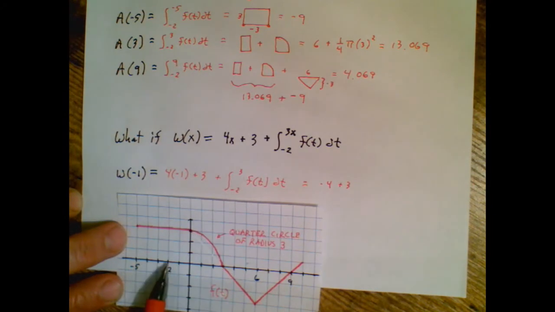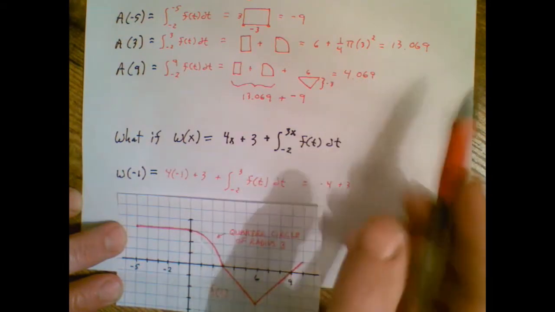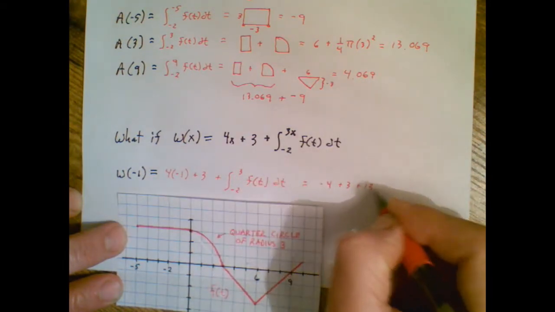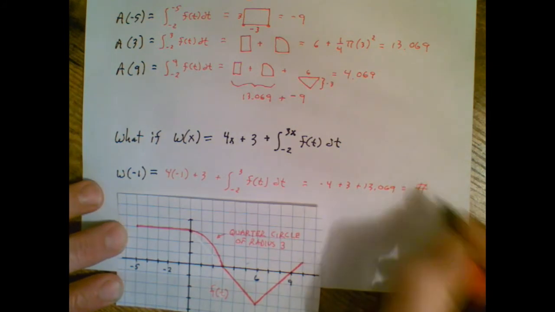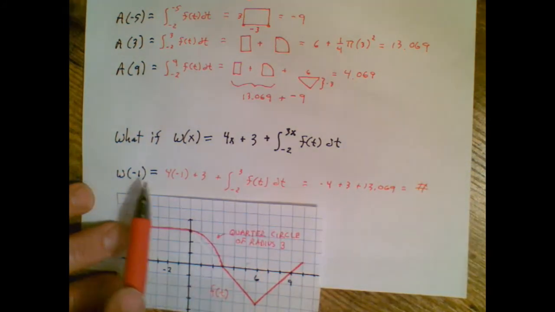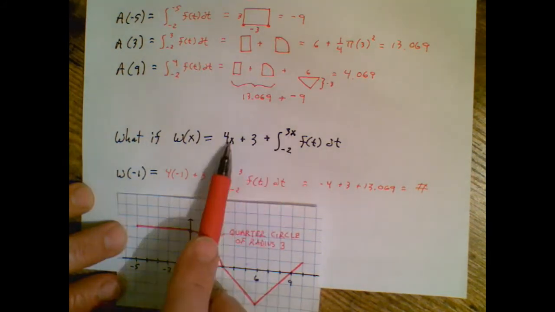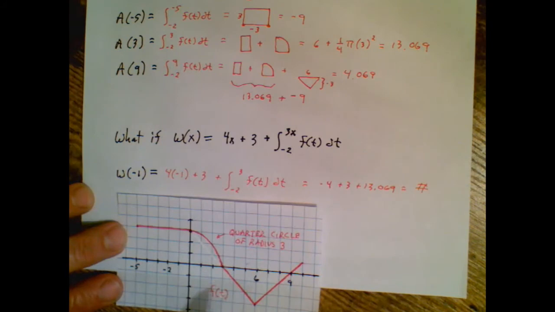It says I'm going from -2 all the way to 3. And we learned earlier that was a 13.069. And who cares what this number works out to be? We'll just call it a number. The point is, plugging in the -1 can be a little bit awkward, so just be careful.